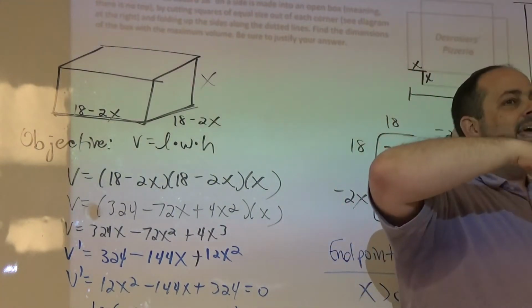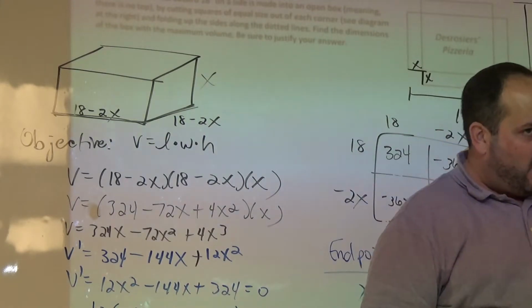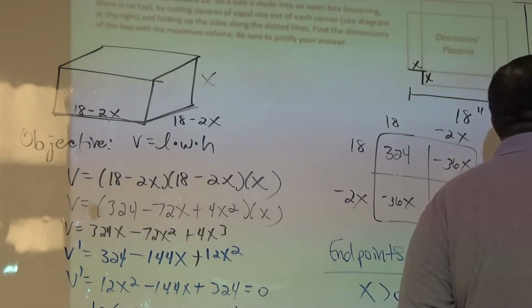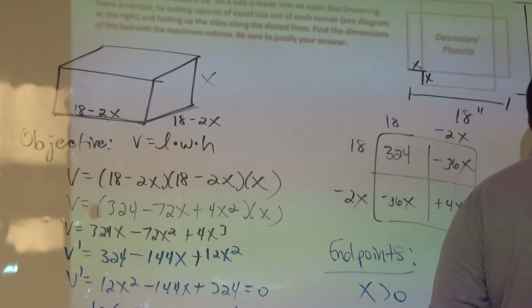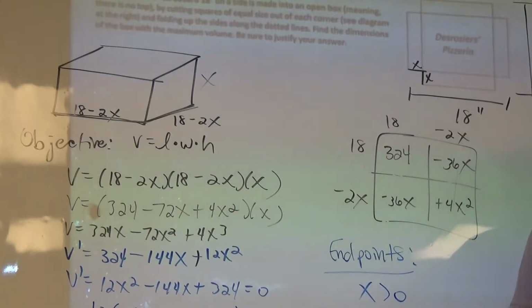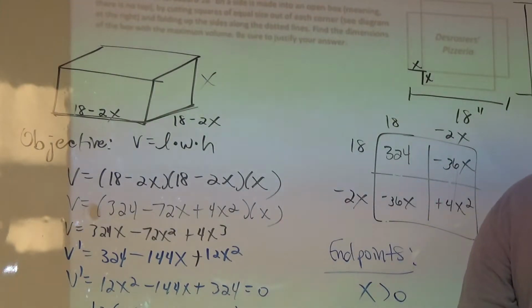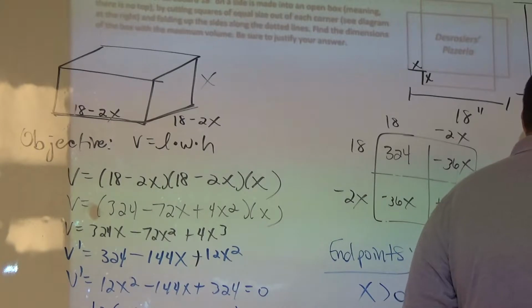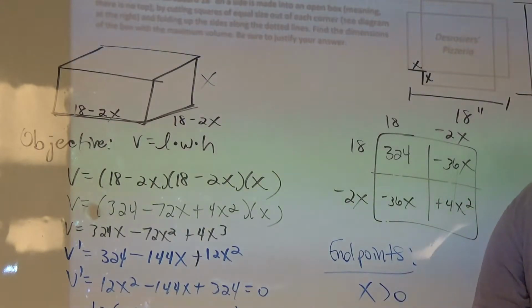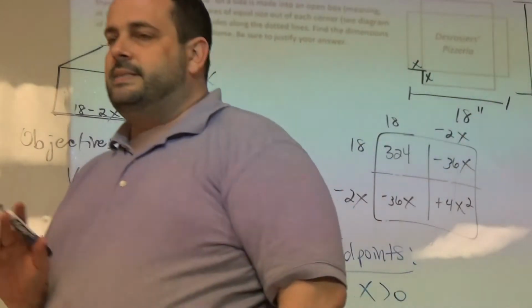It's an absolute max. It's the power of 1. So I'd say something like, since x equals 3 is the only, really emphasize that only, relative extrema for 0 less than x less than 9, V has an absolute max at x equals 3.